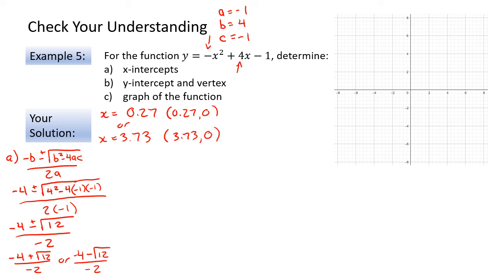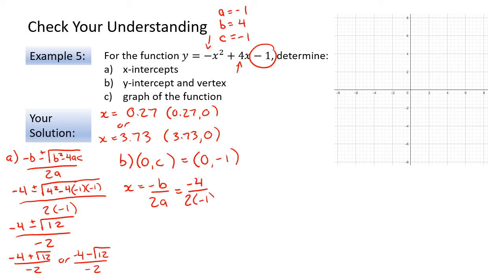For part B, the y-intercept and the vertex. The y-intercept, remember, is the point 0 and c, where c is our constant, so that's simply 0 and -1. For our vertex, remember x is -b divided by 2a. In this case, we have -4 divided by 2 times -1, so -4 divided by -2 gives us +2.